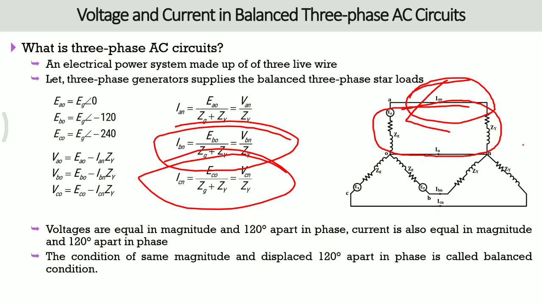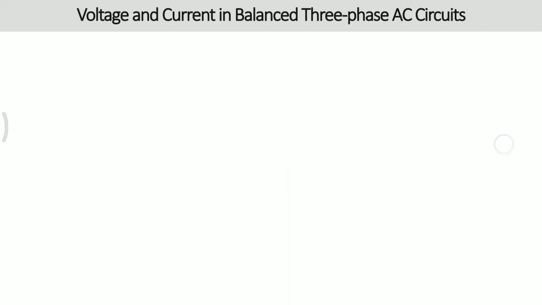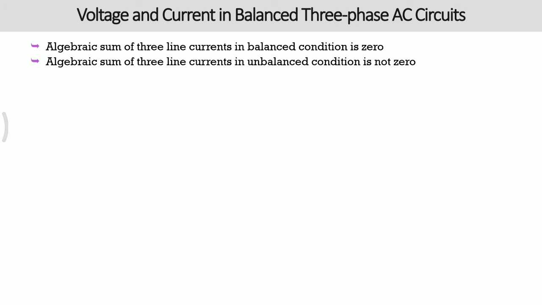So these are the top two conditions to become balanced. The algebraic sum of three line currents in a balanced condition is zero. The algebraic sum of three line currents in an unbalanced condition is non-zero.